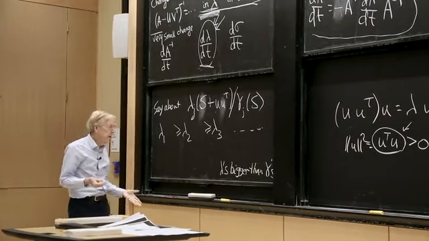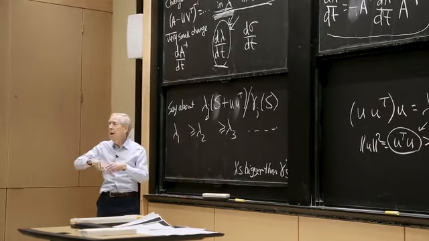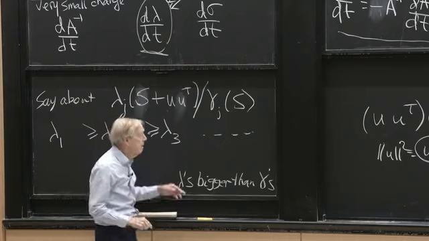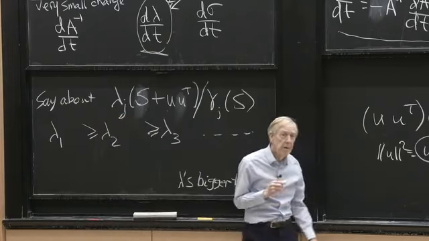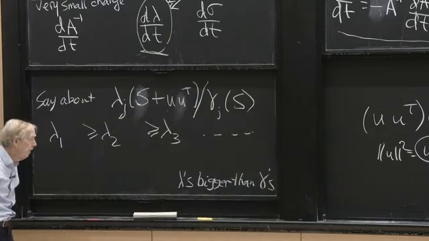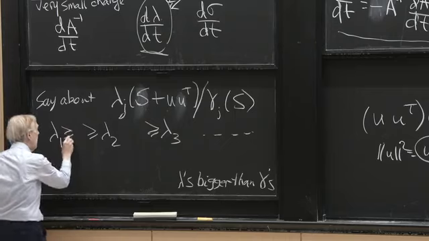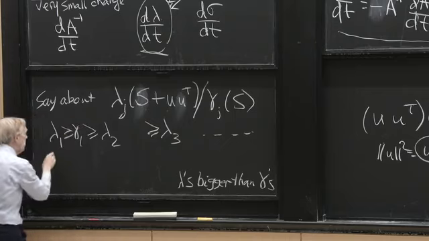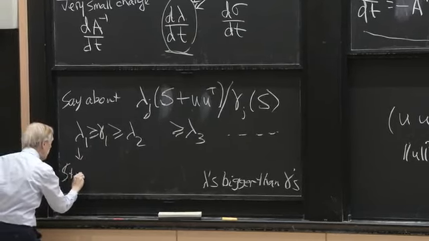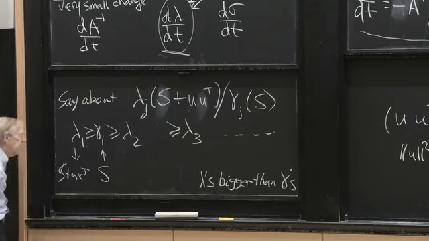Of course, the question is, how much bigger? Can they be way bigger? Well, I don't believe they could be bigger by more than that number myself. But there's better news than that. So lambda 1 is bigger than gamma 1. So this is the S plus UU transpose matrix, and these are the eigenvalues of the S matrix.